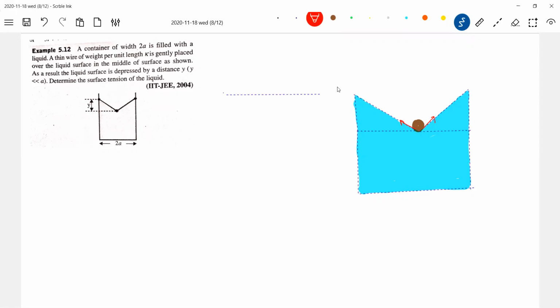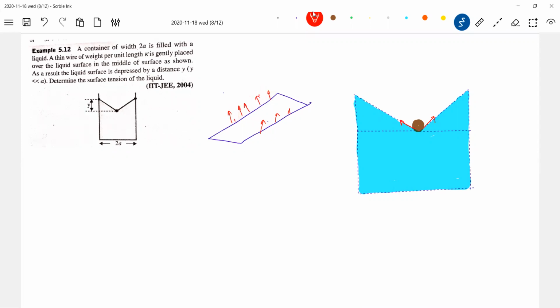Tell me how the force due to surface tension should act here. At least I'm able to show that arrow only because of the plane diagram. It's a long wire, thin wire of weight per unit length. How will the force act everywhere? The force everywhere will be acting in this direction, not vertical.